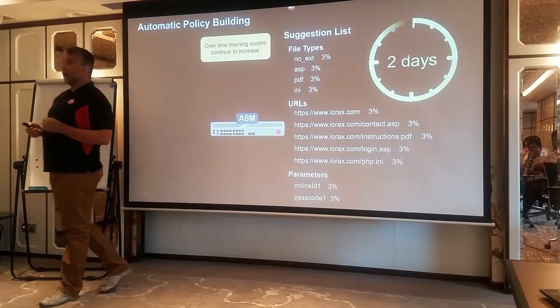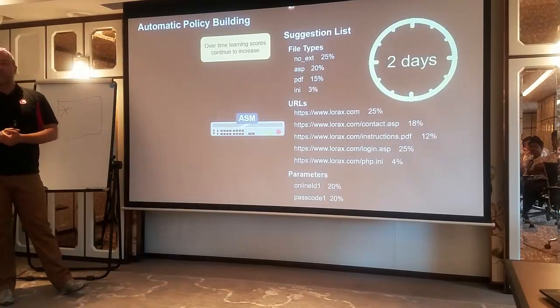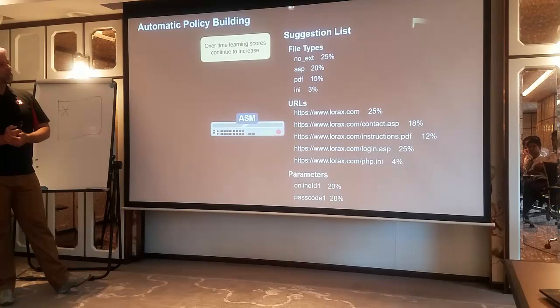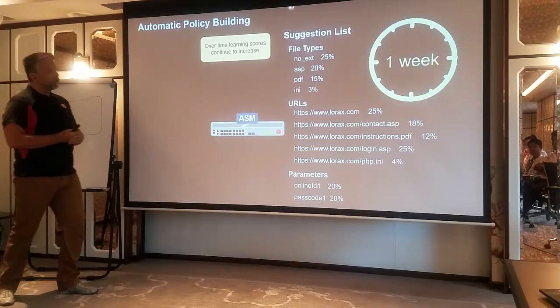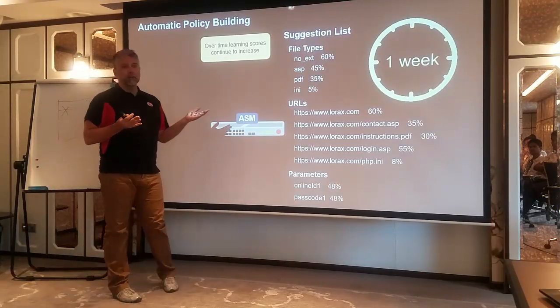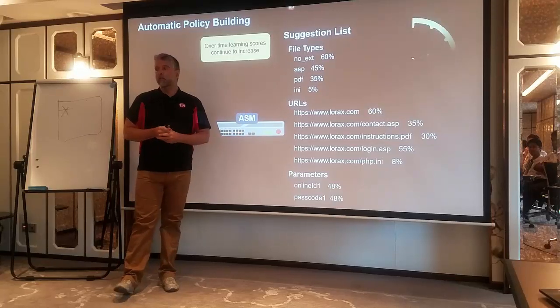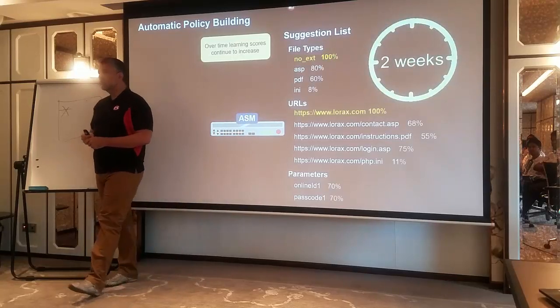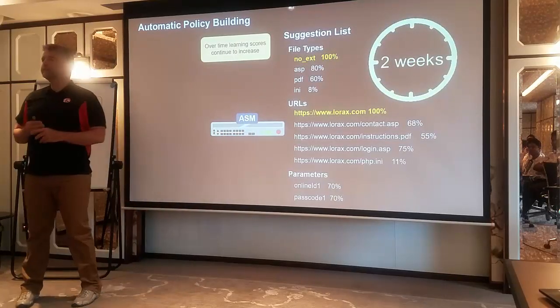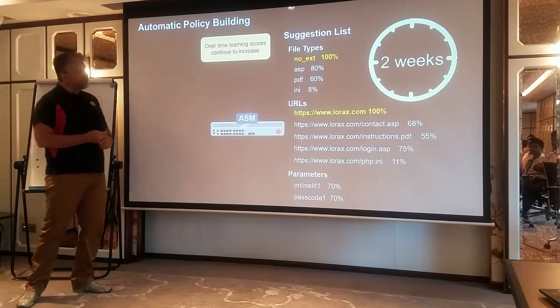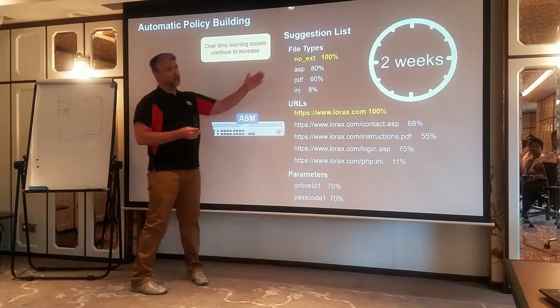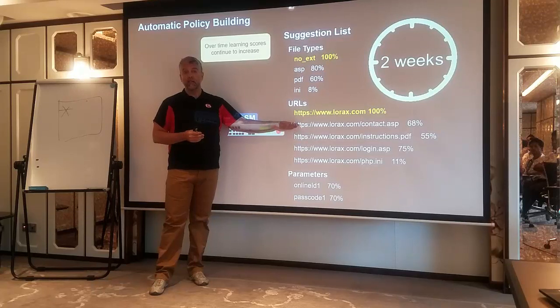As time goes by, these scores go up. It's good to monitor, if you're a policy builder administrator, it's good to monitor this list regularly to see what's going on. And eventually, some of these entries will hit 100%.